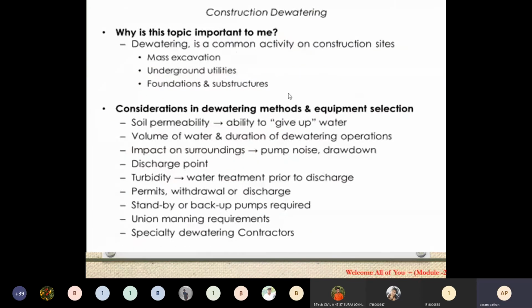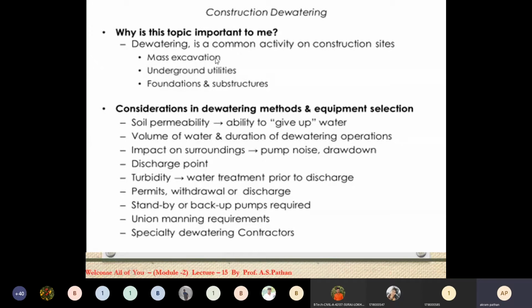Now, why is the topic we saw in the last lecture important to all of us? Because we have to do mass excavation, for underground utilities and for foundations and substructures.